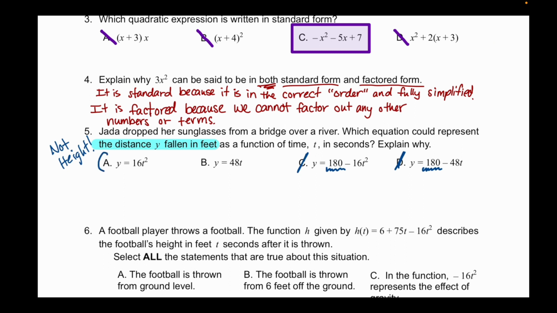Now, it is going to be A, and that is because of the t squared part here. Gravity is an acceleration, and accelerations are always squared. And if I go more into that, then this becomes a physics lesson.